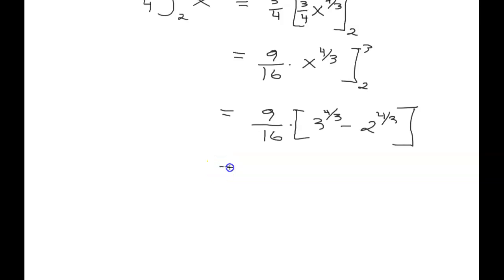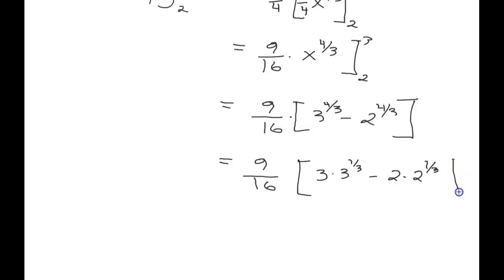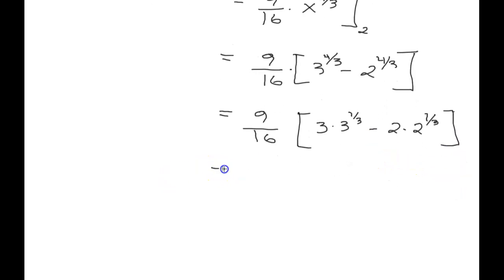You could continue on, and you'd have 9/16 times, it would be 3 to the 4th power of the cube root. So it's going to be 3 times 3 to the 1/3, minus 2 times 2 to the 1/3. If you wanted to do that and then multiply it through, some of you did that.